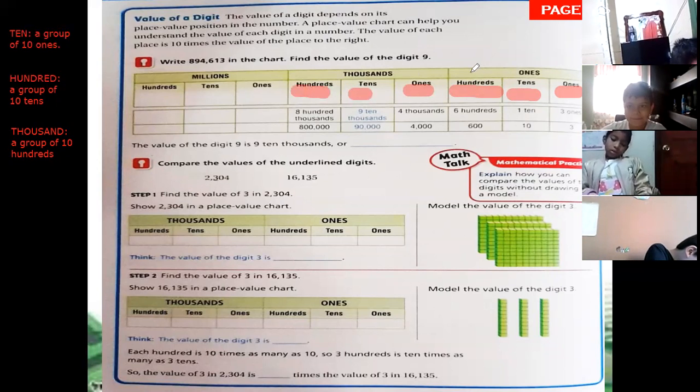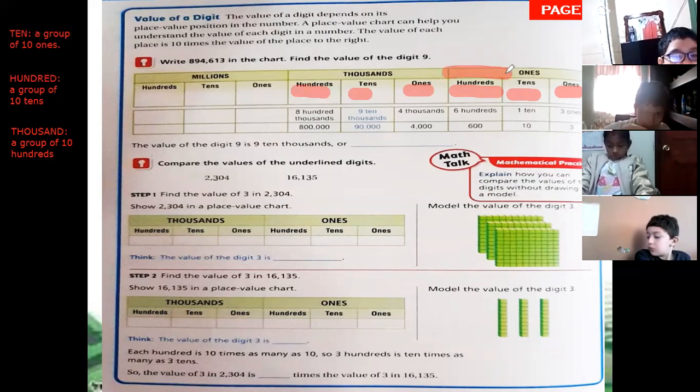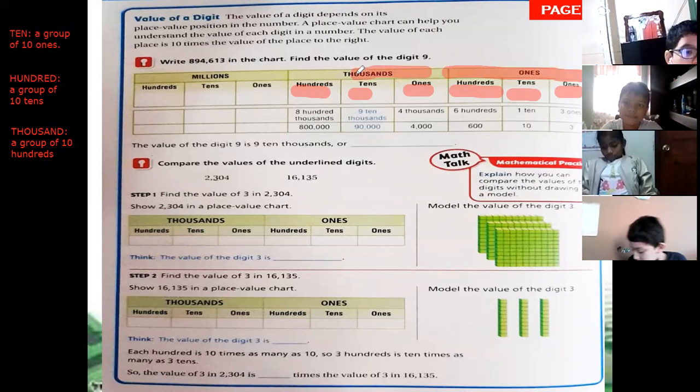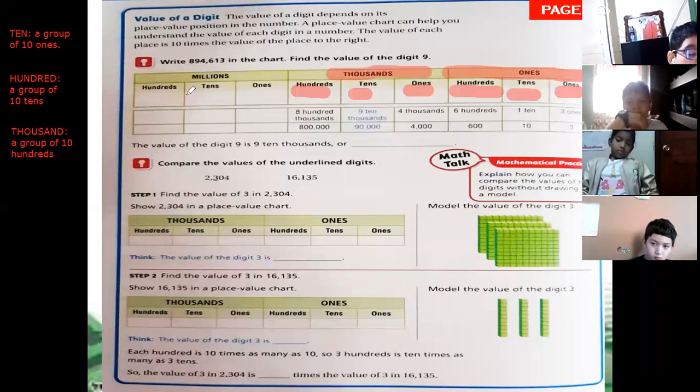But what's the difference? These ones are ones, and these ones are thousands. That's the difference. Here we have again ones, tens, and hundreds, but these are millions. Ones of millions, tens of millions.